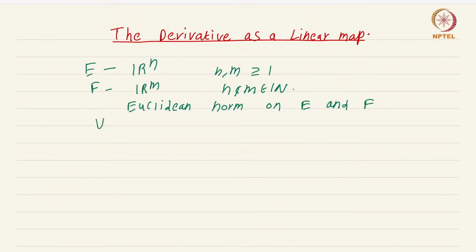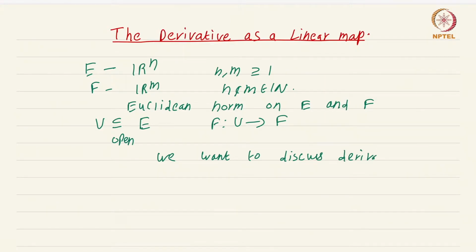So our objective is to consider an open set U in E and a map f from U to F, and we want to discuss derivatives of such a map.